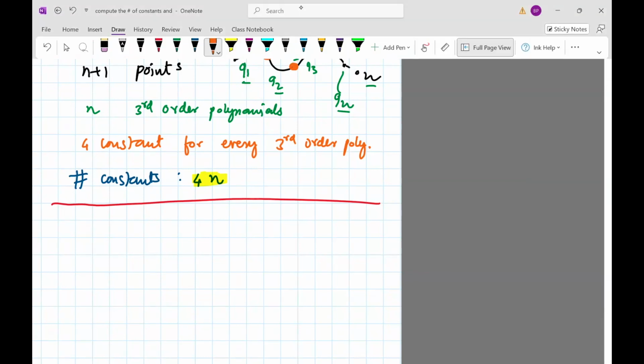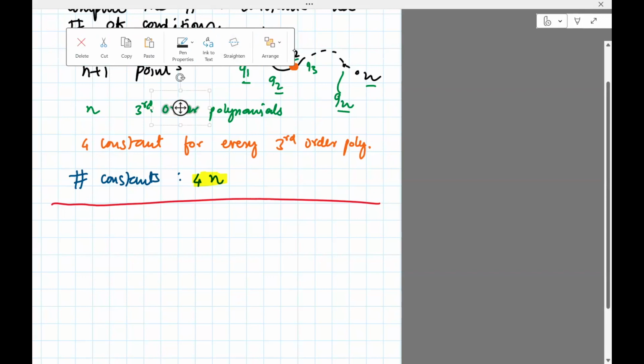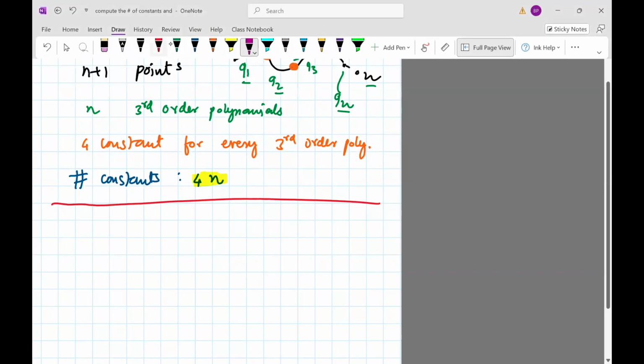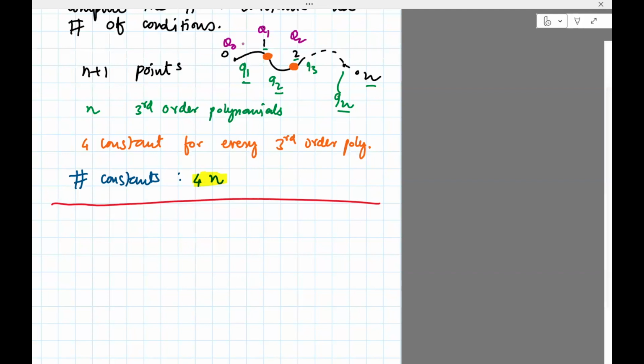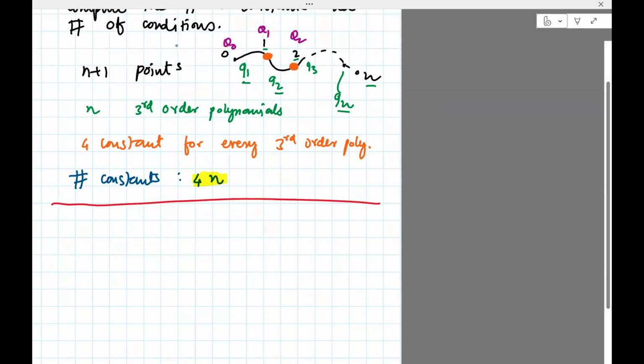So we specified the condition that the position is given to us. Here let's call that theta 0, theta 1, theta 2. So we know the values at this point and this point, right?